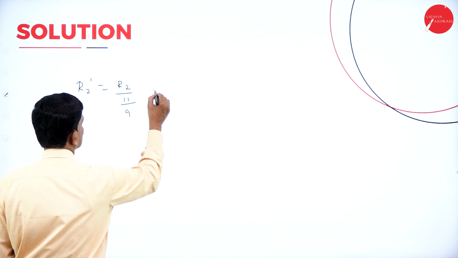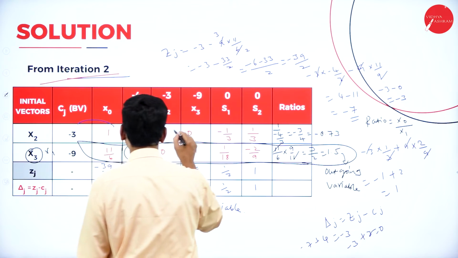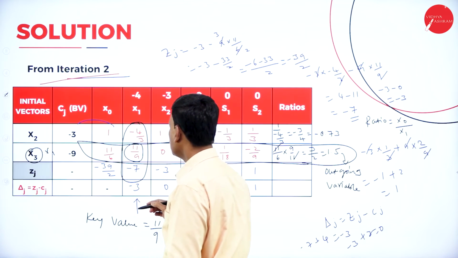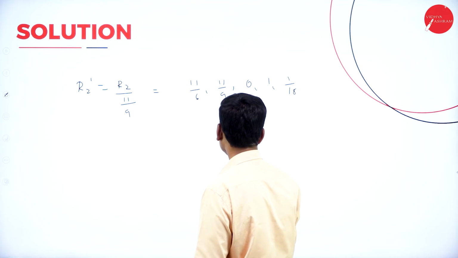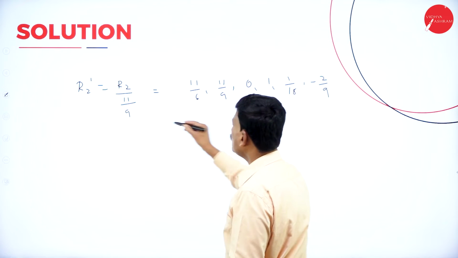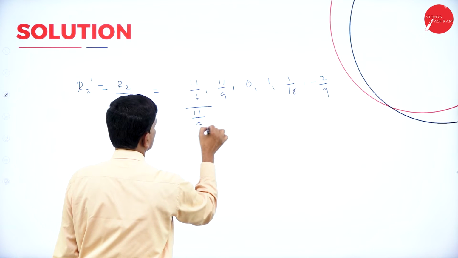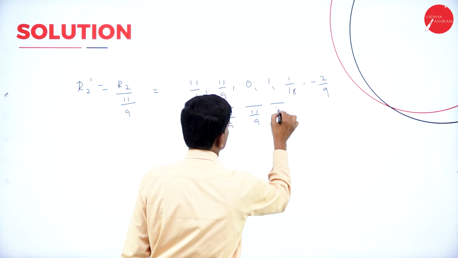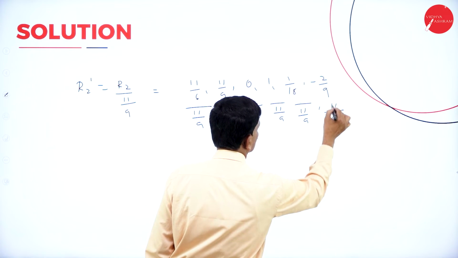Now, R2 dash. What is R2? R2 elements are 11 by 6, 11 by 9, 0, 1, 1 by 18, minus 2 by 9. Now, divide each and every element by 11 by 9.